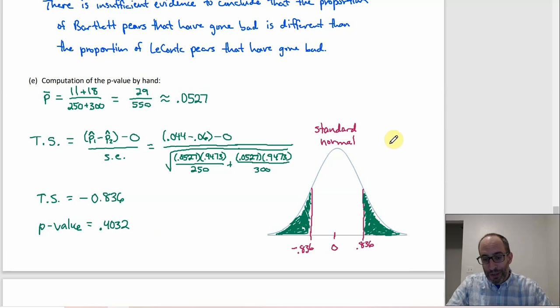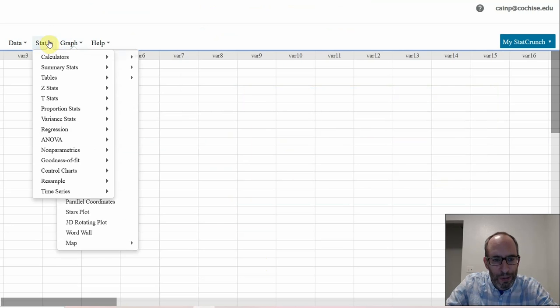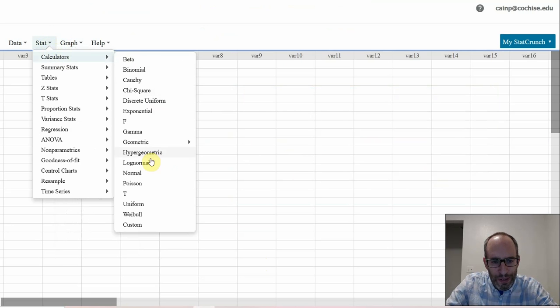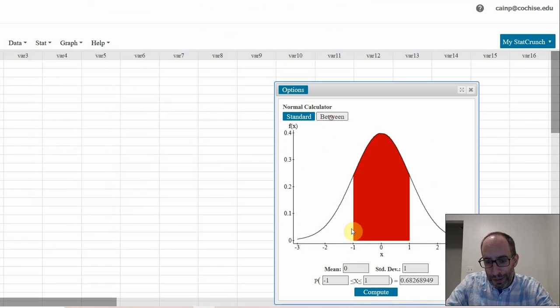And I guess you'd have to use StatCrunch here probably, or a calculator, where you just go to the standard normal distribution and use 0.836 as a cutoff, or negative 0.836. So, I guess I can actually go through it real quick. It would be calculators, then normal, and then, let's say, you could do it as a between, right?